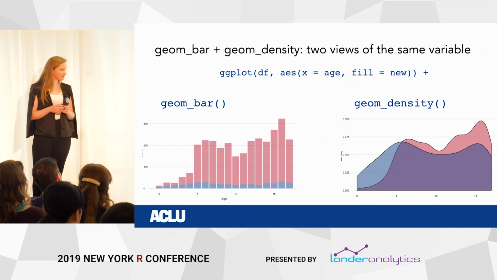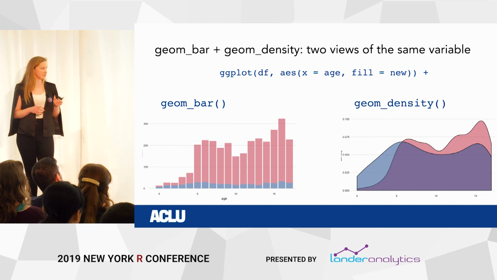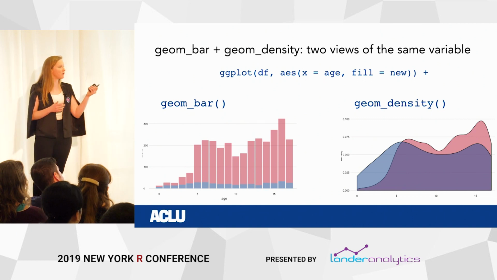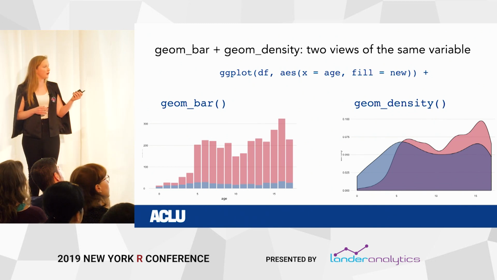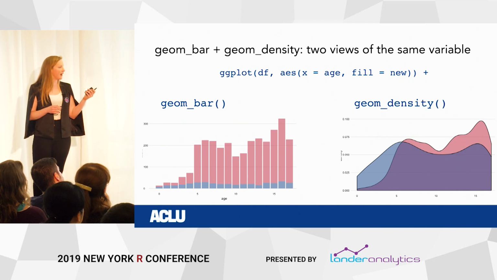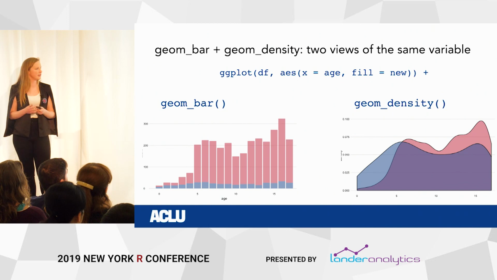But when you look at geom density, again, when you're just sort of exploring your data, the thing that jumps out to me is how much of that space between 0 and 5 is covered by the blue, the new separations. And so this is something that I think is kind of hard to pick up on in the graph on the left. If you're looking for it, you might find it.